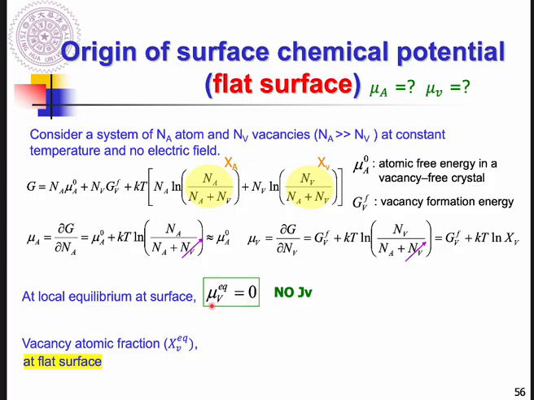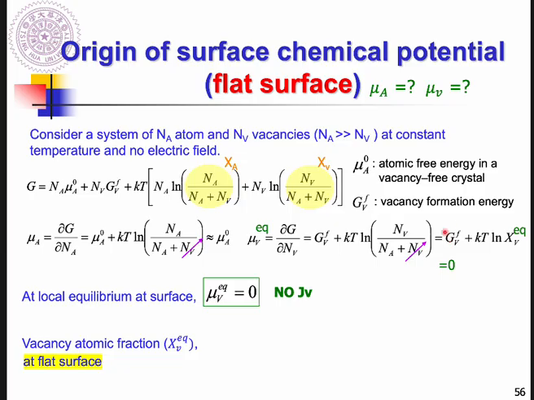When you have a constant chemical potential of vacancy under local equilibrium at the surface, it means every vacancy on the surface has the same chemical potential, which implies that we don't have chemical potential variation, so there is no vacancy flux. So why does this make sense? Under this situation, we put it back and label it as equilibrium, so equals 0 here. Based on this equals 0, we can get the X_V here.